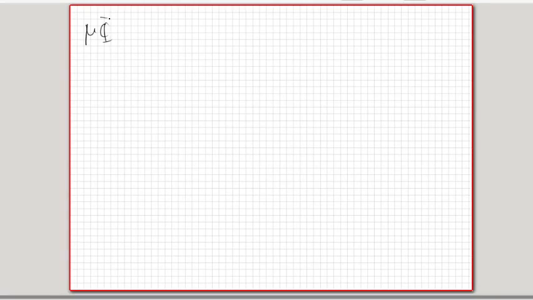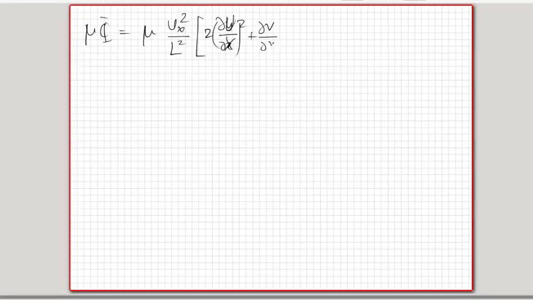The mu phi term would be equal to mu staying the way it is, and phi is basically del u by del x the whole square, so there will be a u infinity square divided by L square. That will normalize the whole thing: twice del u by del x the whole square, plus del v by del y the whole square.